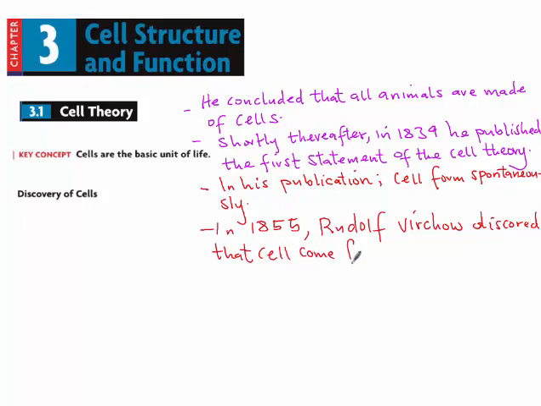He discovered that cells come from existing cells, and this of course crushed the first belief by Schwann in his publication, where he was claiming that cells form spontaneously. So he crushed this theory as he came up with the real evidence. So we will stop there for now.